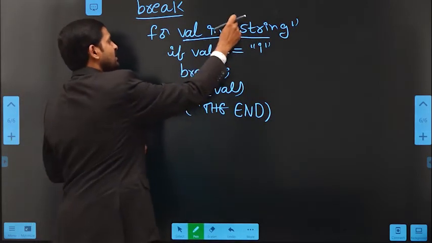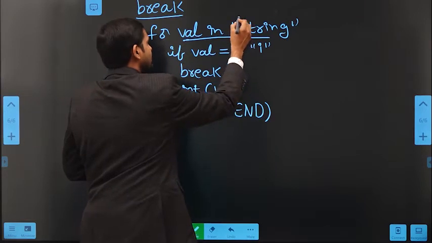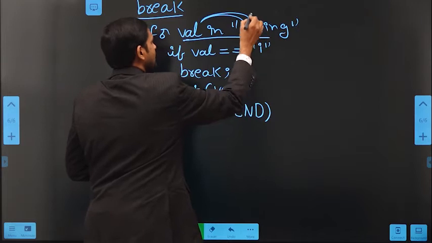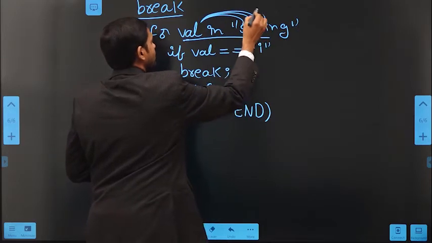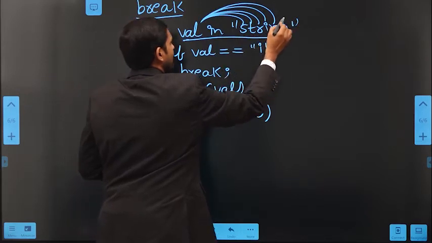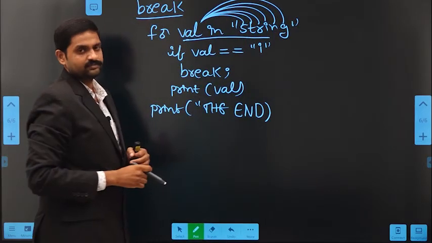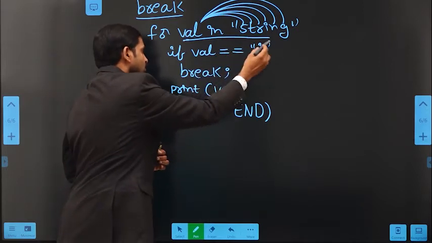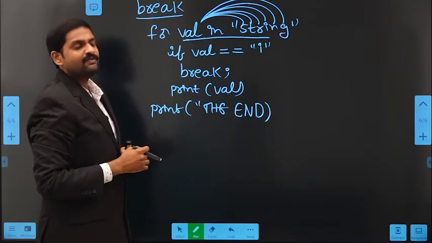First, in the first iteration, S will be assigned. In the second iteration, T. Third iteration, R. Fourth iteration, I. Fifth iteration, N. And sixth iteration, G. Okay. Character by character, those are assigned to the val.